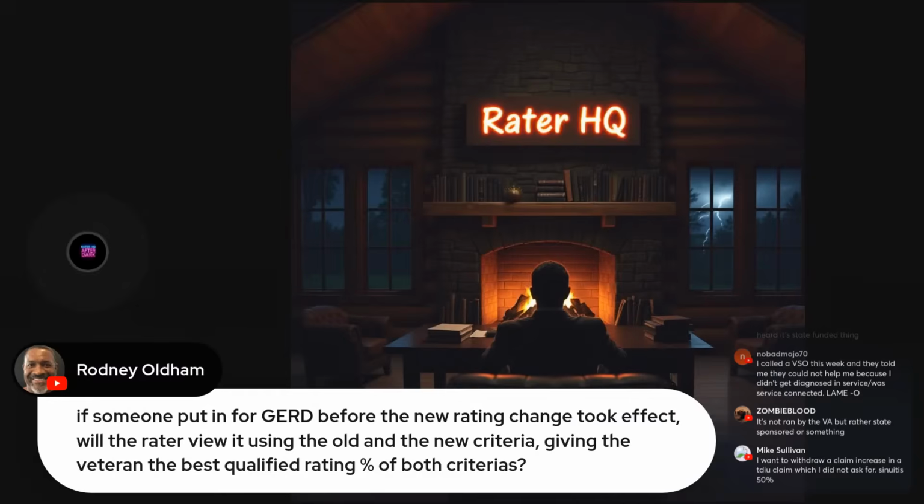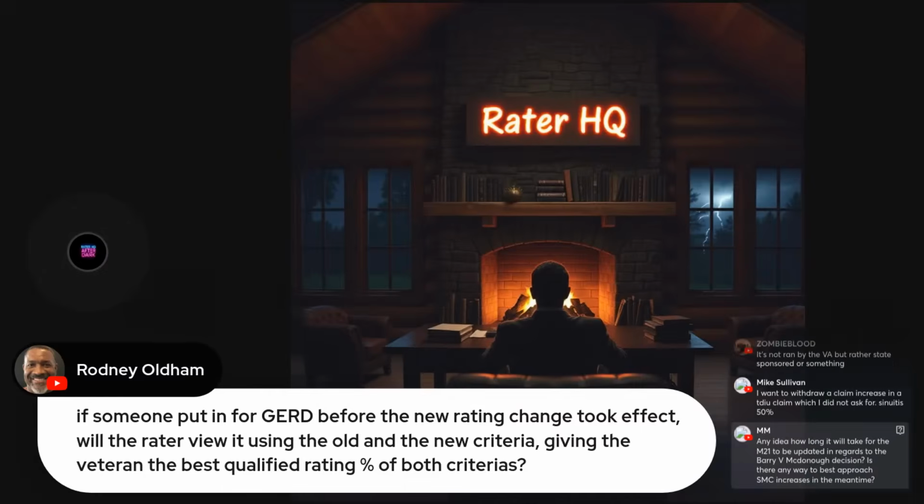Okay, if someone put in for GERD before the new rating change took effect, will the rater review it using the old and the new criteria, giving the veteran the best outcome? It depends on when the diagnosis happened. If the claim was filed before the change happened, and if the diagnosis was during that claim or before that claim, then they would use the historical criteria for the most part.